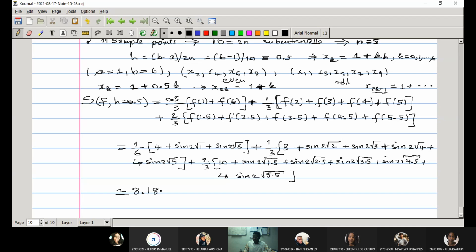So make sure that you obtain the same value. All right, so this is what you will obtain. So please make sure that your computations are correct.